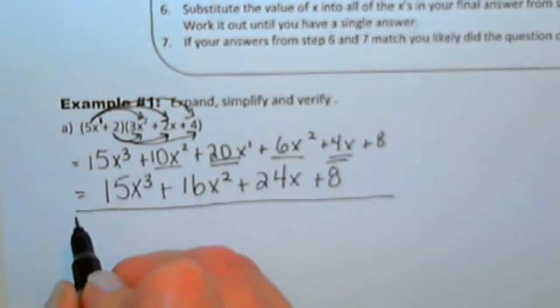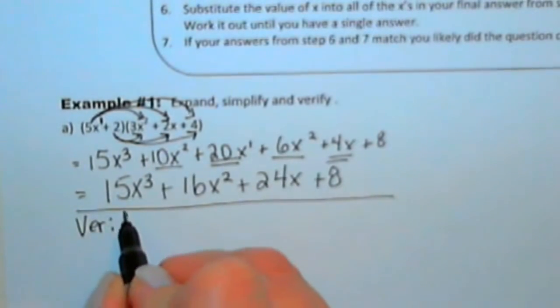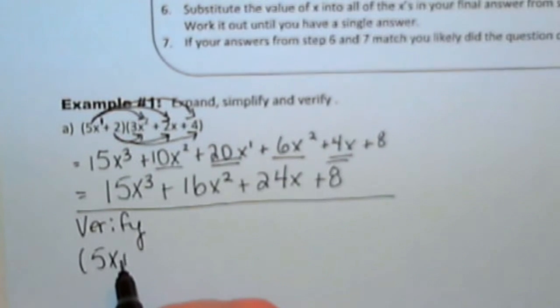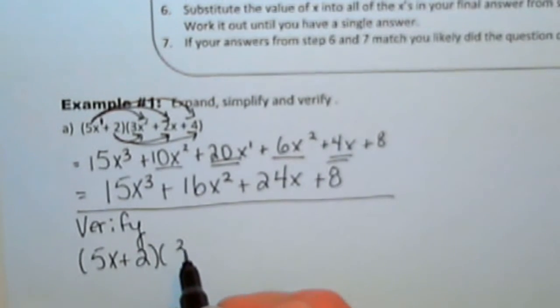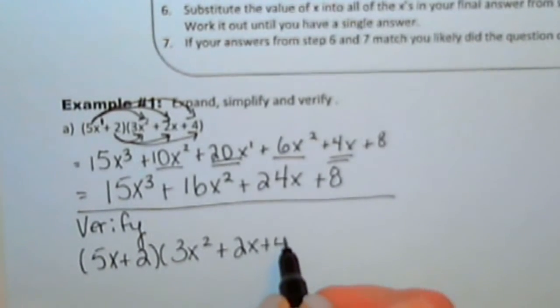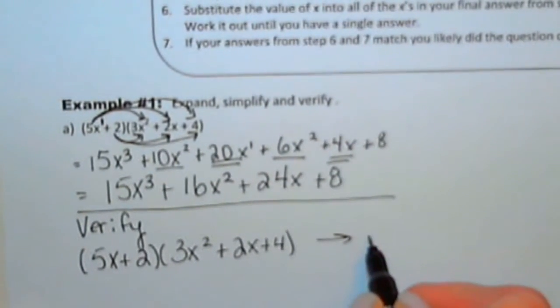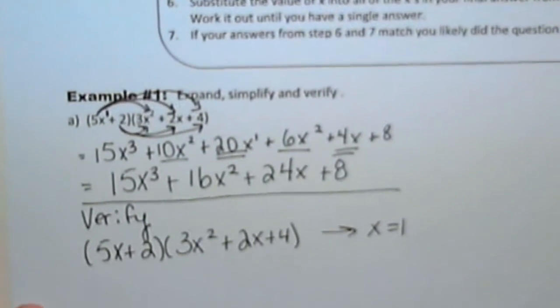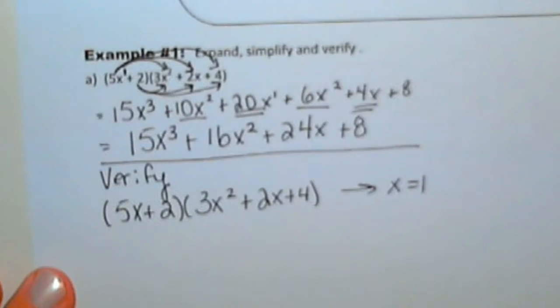And the original question to verify was 5x plus 2 times the bracket 3x squared plus 2x plus 4. And I want you to make a substitution of all the x's for 1. I'd like you to change all the x's into 1.